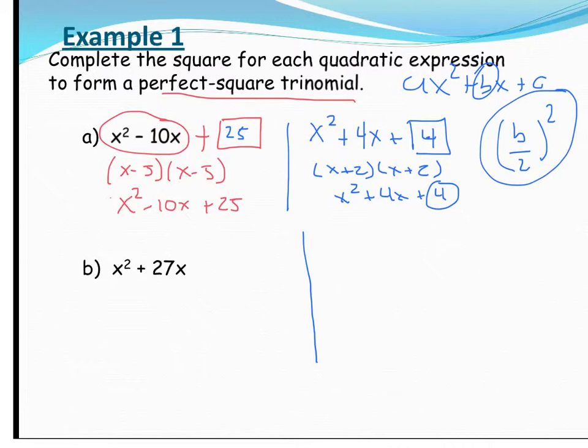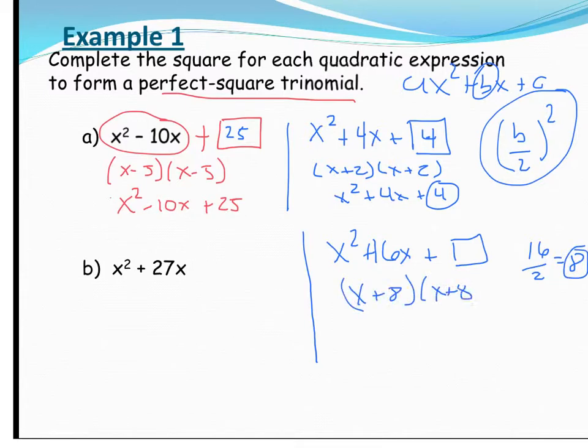So if I have x squared plus 16x plus something, 16 divided by 2 equals 8. That number 8 creates my factor, and 8 squared is 64. That's the number I need to complete the square.